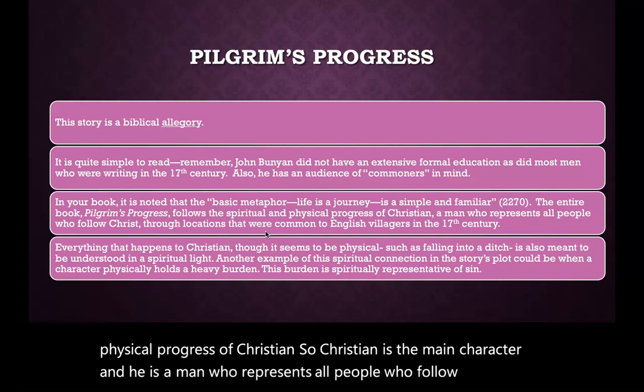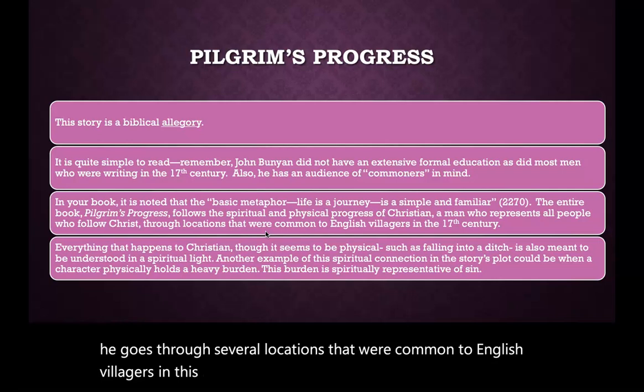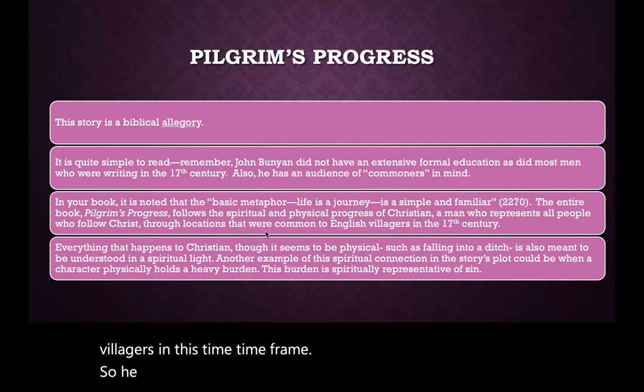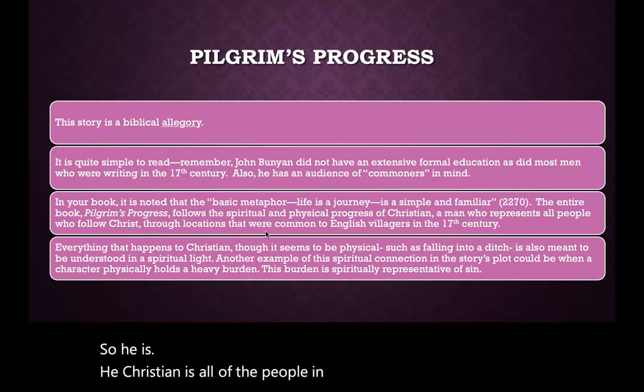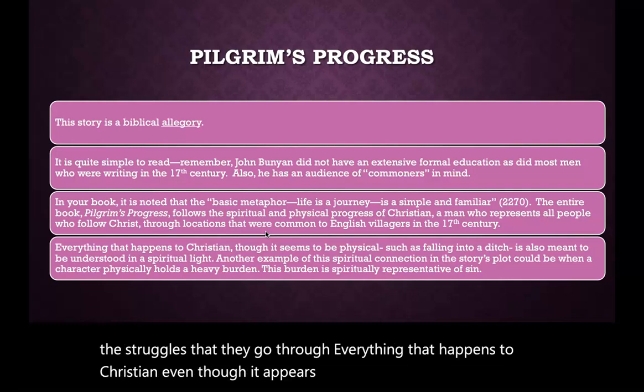He goes through several locations that were common to English villagers in this time frame. Christian is all of the people in England that believe in God and the struggles that they go through.